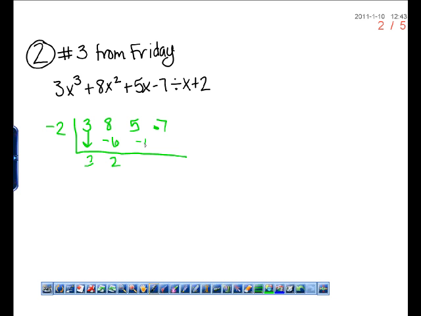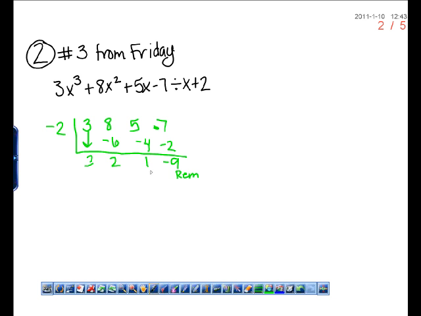Negative 4. 5 plus a negative 4? 1. 1 times negative 2? Negative 2. Negative 7 plus negative 2? Negative 9. So what's negative 9? That's my remainder.